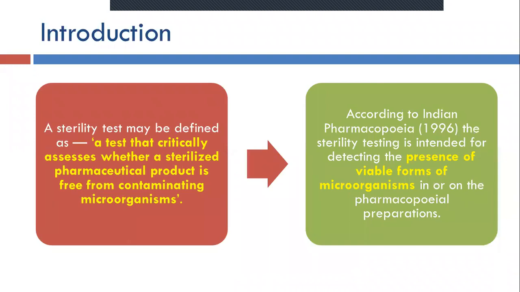According to the Indian Pharmacopoeia 1996, the sterility testing is intended for detecting the presence of viable forms of microorganisms in or on the pharmaceutical preparation. So the main purpose of the test is to determine whether the sterile product contains any viable forms of microorganisms or not.